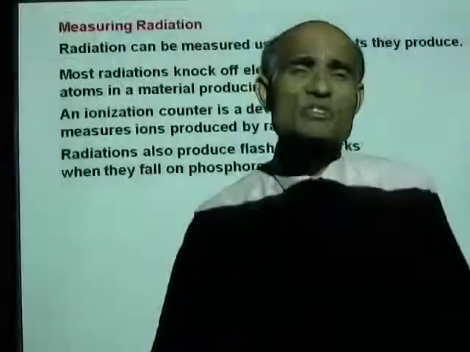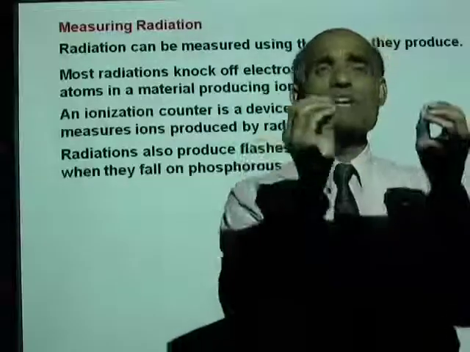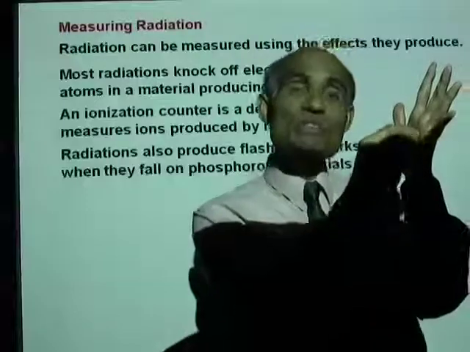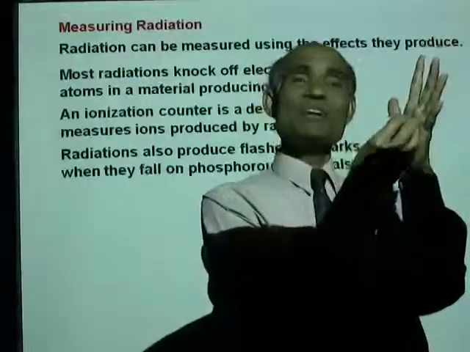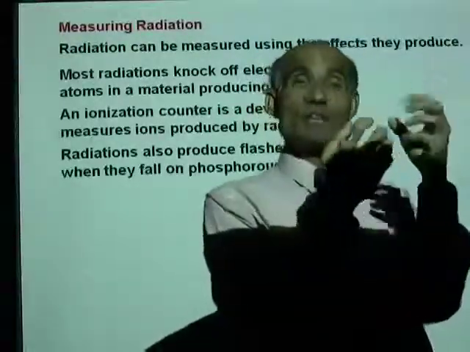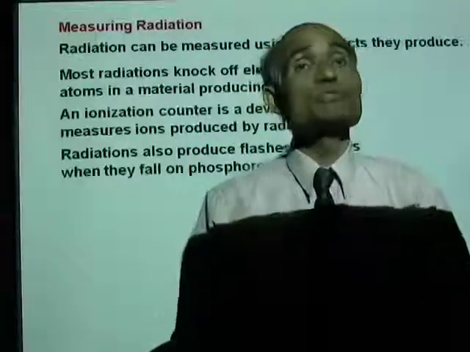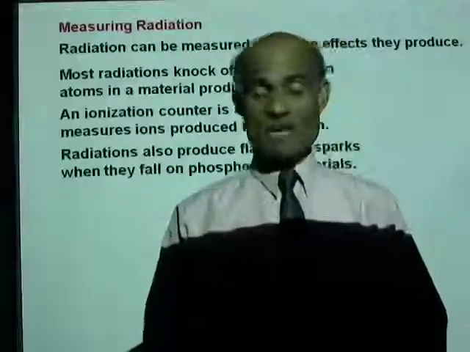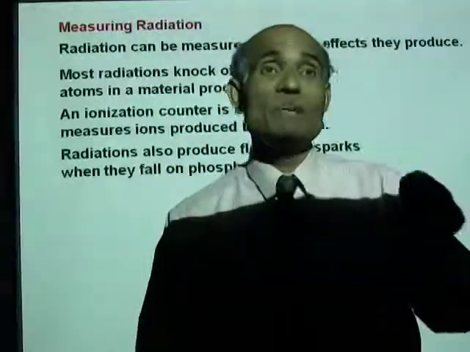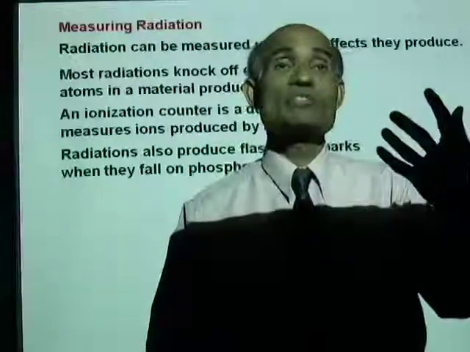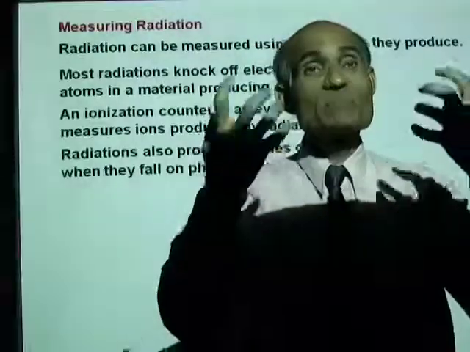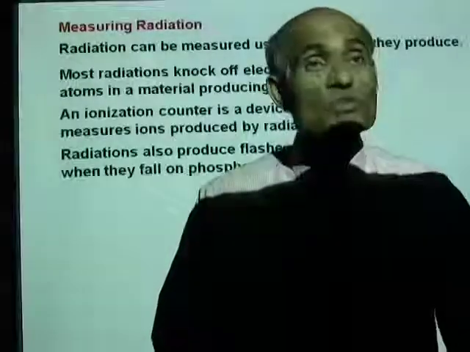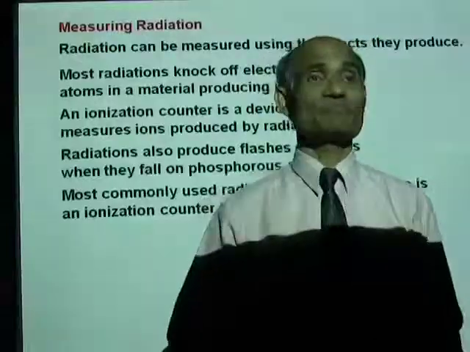Some radiations, when they fall on certain materials, will result in the emission of light. That is phosphorescence or fluorescence, and that property can also be used to detect these radiations. So there are two main properties that we use in detecting and measuring radiations. One is the ionizing ability of these radiations. The second is the fluorescent properties of these materials.